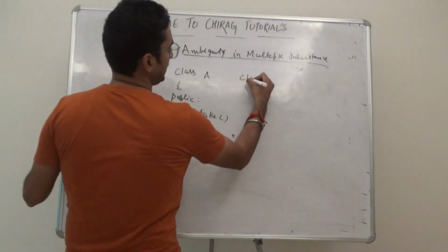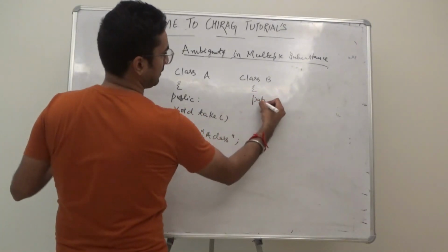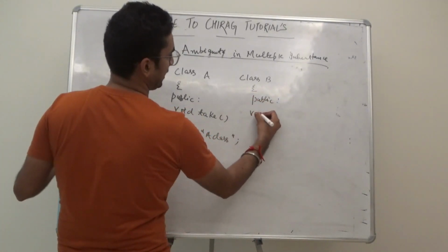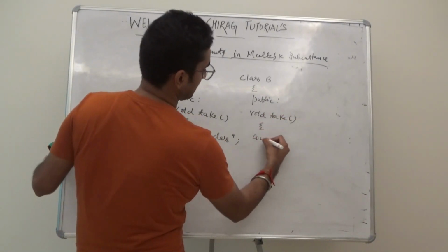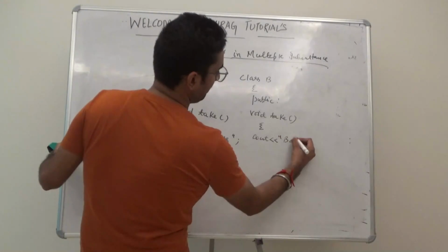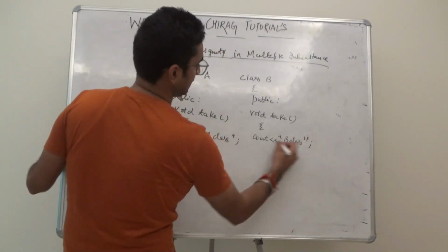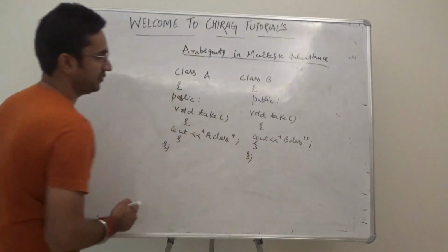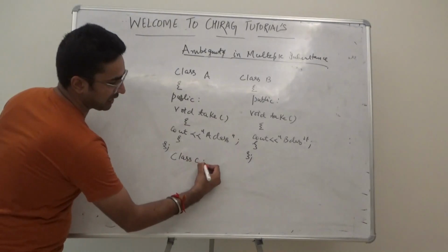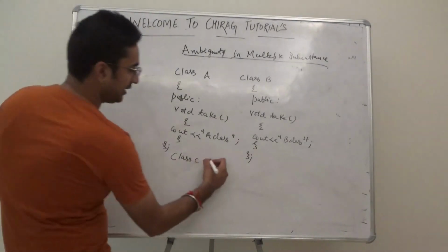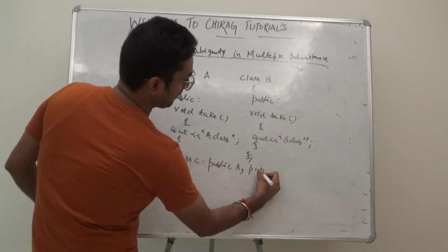And I write class B, in public I write a same function void take and in this I have written display B class. Now class C, I'm inheriting both of them publicly, public A comma public B.